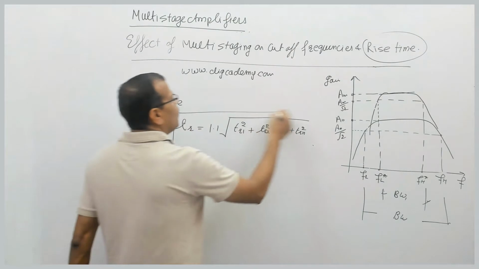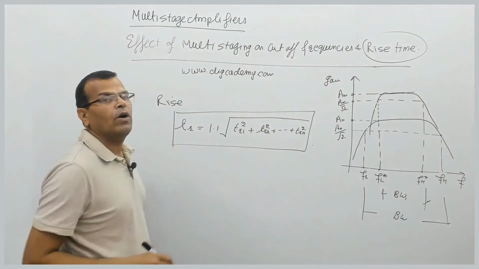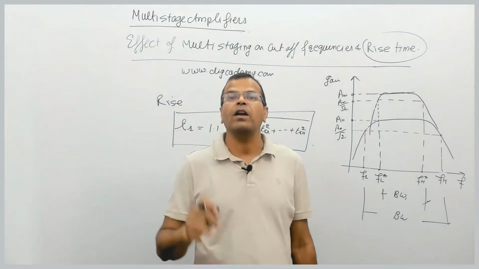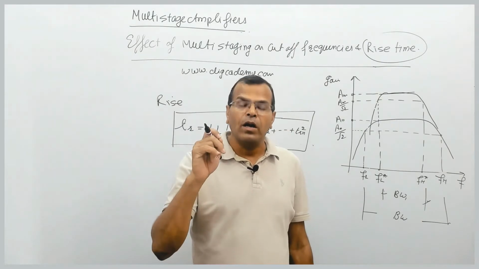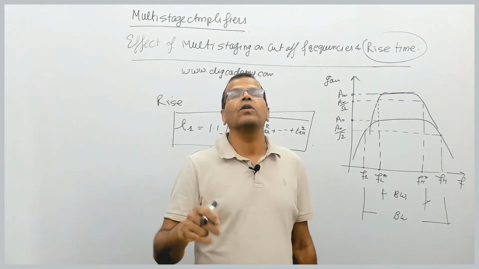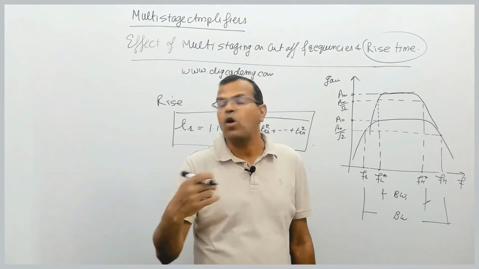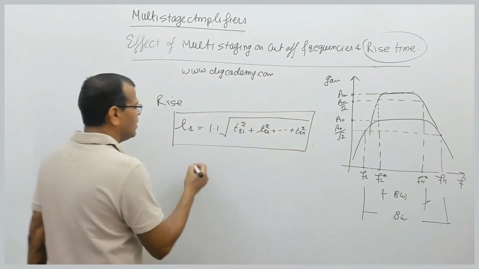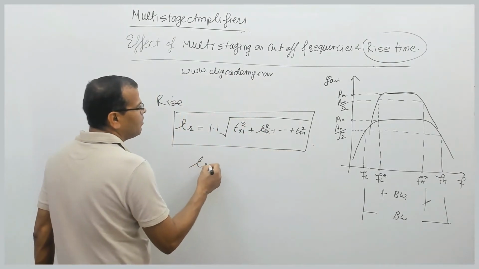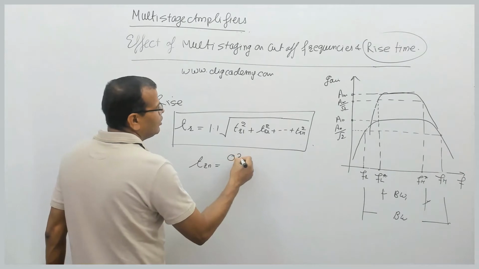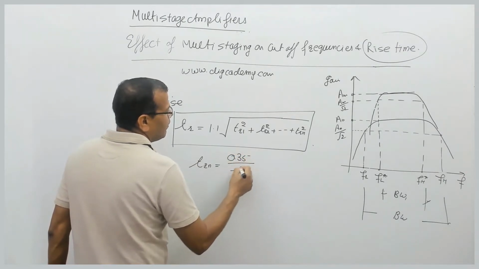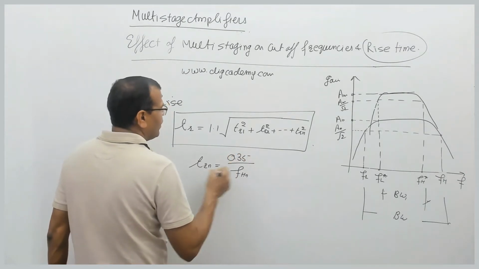This is the overall rise time of the multi-stage amplifier with stages which are not identical. Fine. Here the rise time of the nth stage is 0.35 divided by the cutoff frequency of the nth stage.